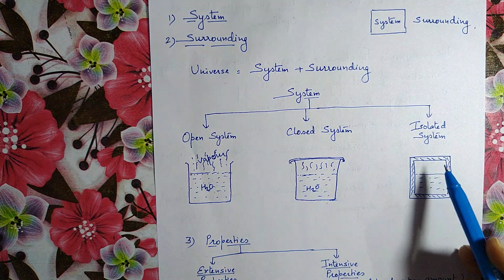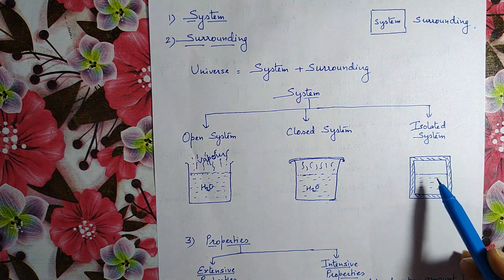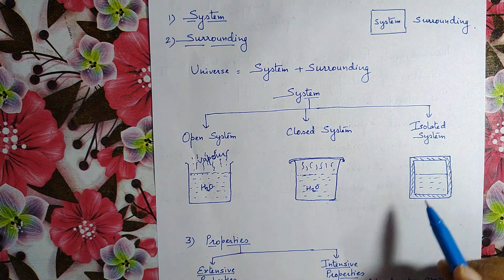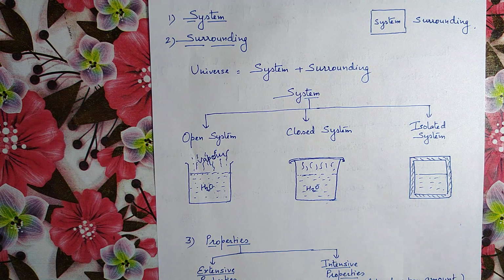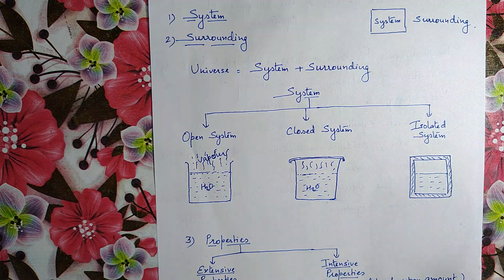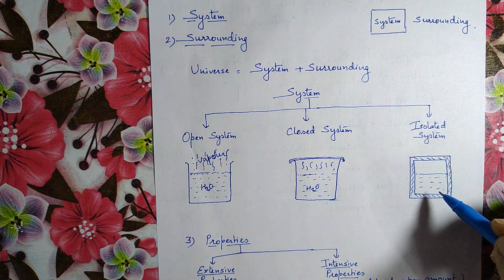Then come to the isolated system. What is an isolated system? Isolated systems are systems which can neither exchange matter nor exchange energy. It means this system contains the same amount of matter.